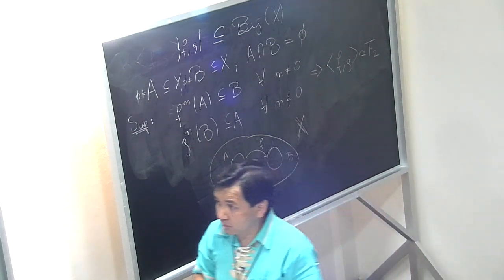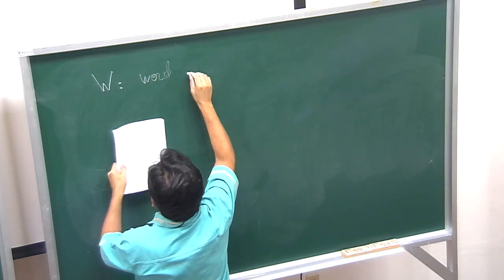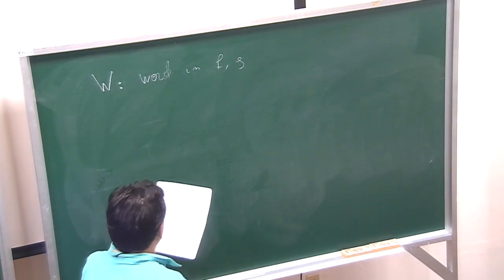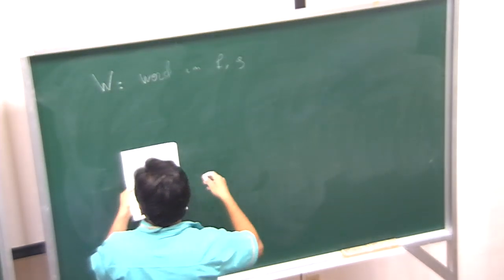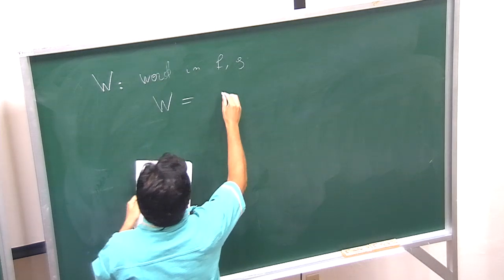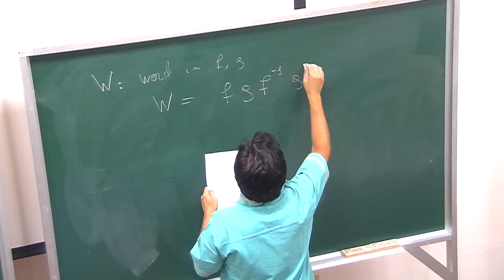Okay, very quickly the proof. So you take a word in f and g. I will give the proof for an explicit example because writing all the statements is very tedious. So I assume that omega is equal to f g f to the minus 1 g squared.